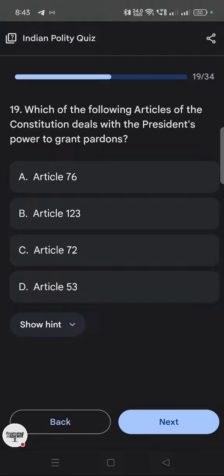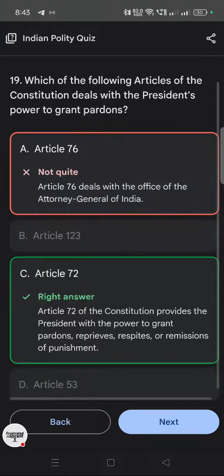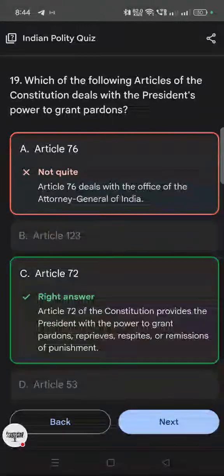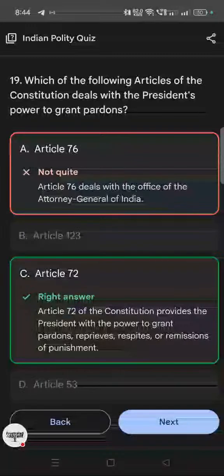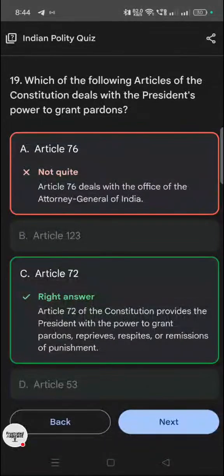Article 72: the Indian Constitution provides the President with the power to grant pardon, reprieve, respite and remission of punishment. Article 72.